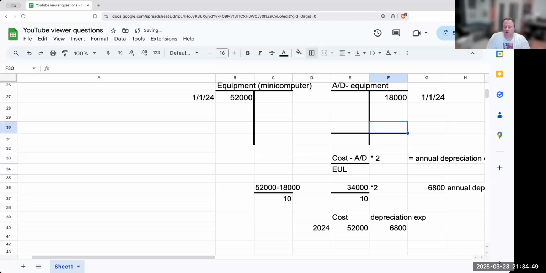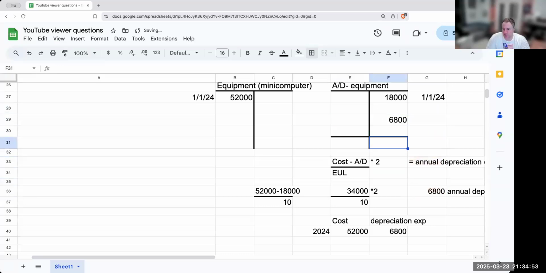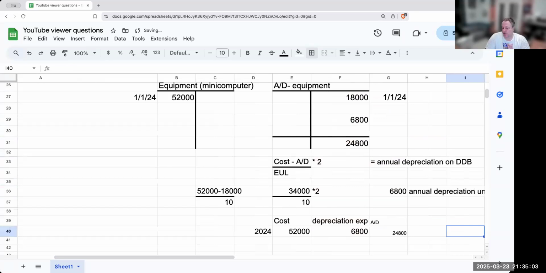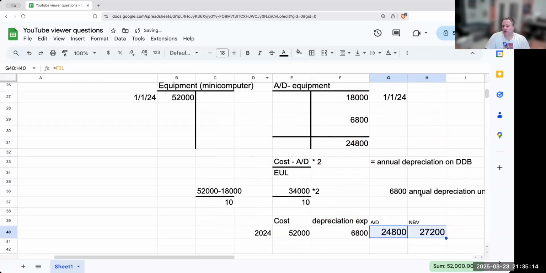Now, what does this mean? Well, since I had already taken 18,000 previously, my accumulated depreciation balance is going to be 24,800. So my net book value over here is now going to be 27,200. When I look at this net book value, I'm going to compare this to the salvage value.